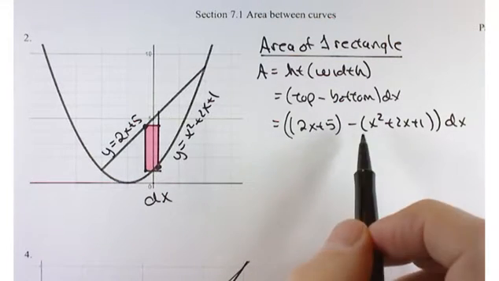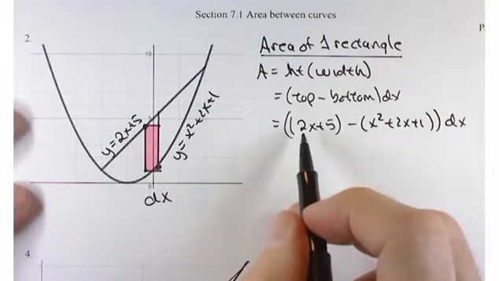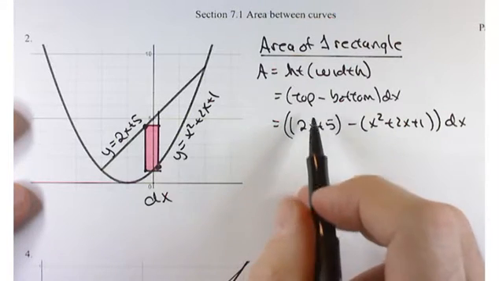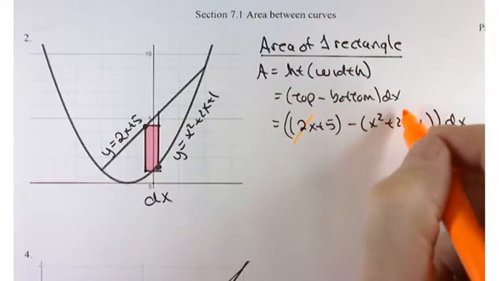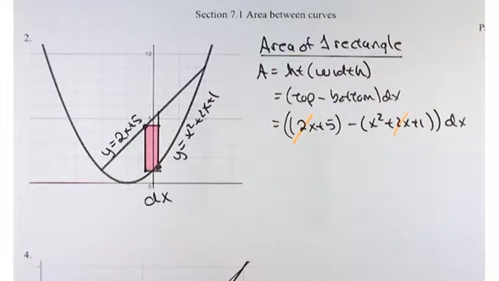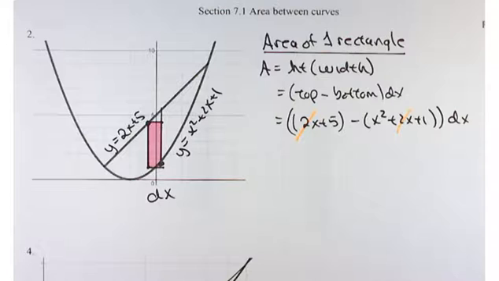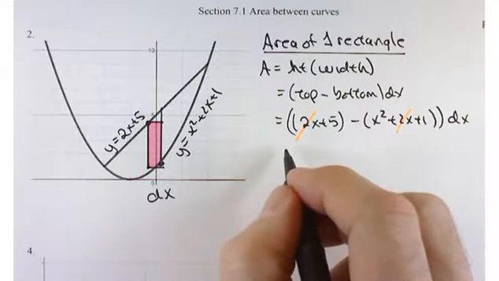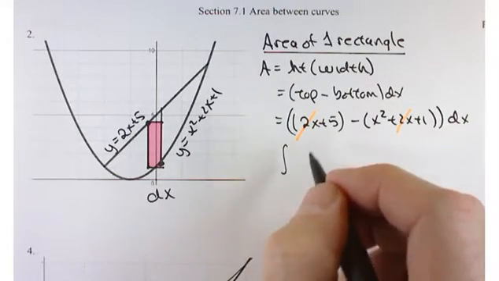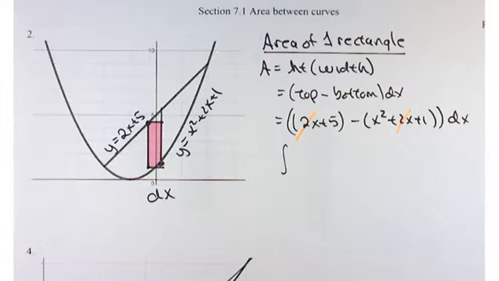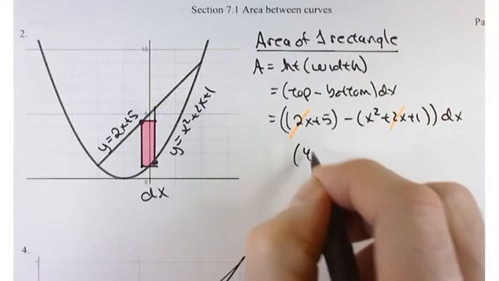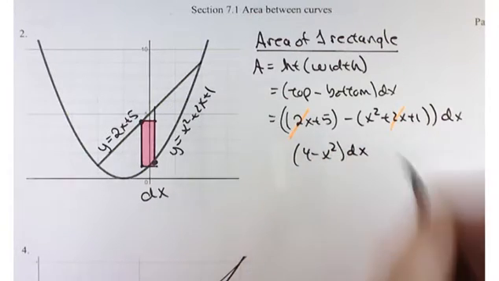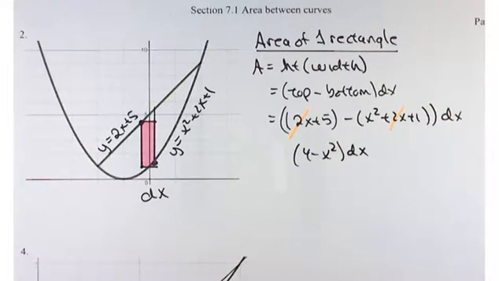I can do a little simplification here. If we subtract, the 2x's are going to cancel, and 5 minus 1 is 4. Excuse me, not the integral, I haven't got there yet. Just the area is going to be 4 minus x squared dx. So that's the area of one rectangle.